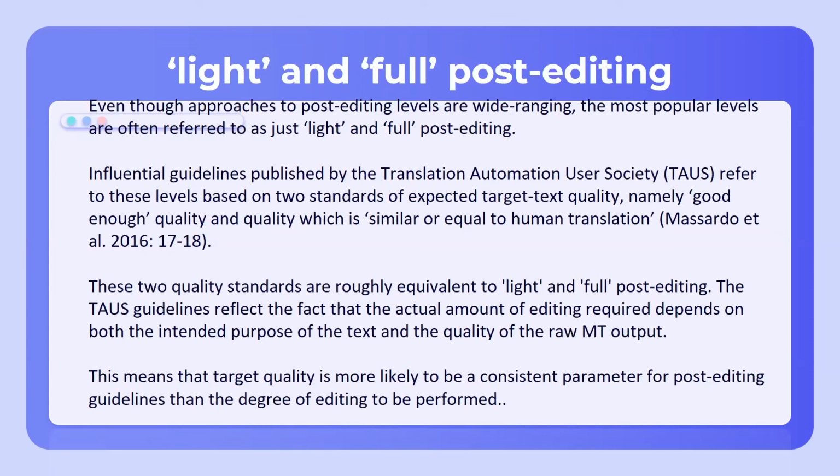This could be considered as roughly equivalent to light and full post-editing. The guidelines reflect the fact that the actual amount of editing required depends on both the intended purpose of the text and the quality of the raw MT output, which means that the target quality is more likely to be a consistent parameter for post-editing guidelines than the degree of editing to be performed.